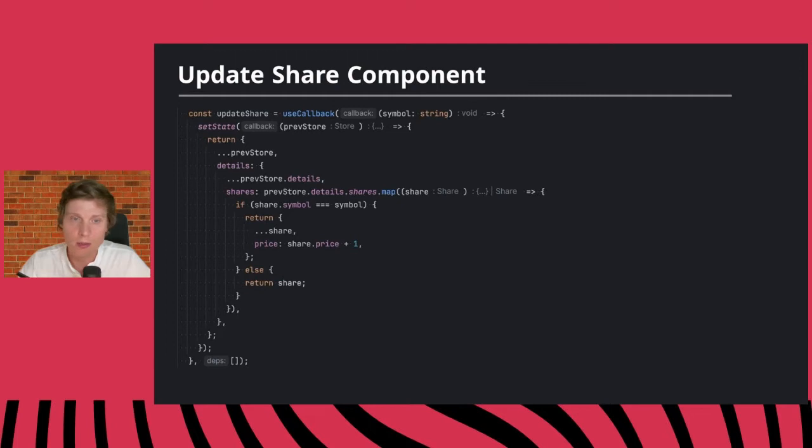But with the same technique, we're going to get the previous store. We're going to save our updated shares to the details. And in our case, we're actually just going to increase the price by 1, and there's no magic at all. We're just going to find the same symbol where we click and update that price.